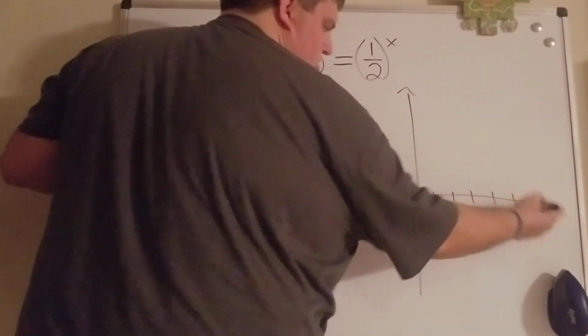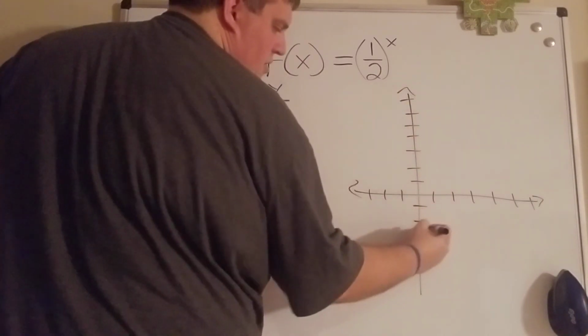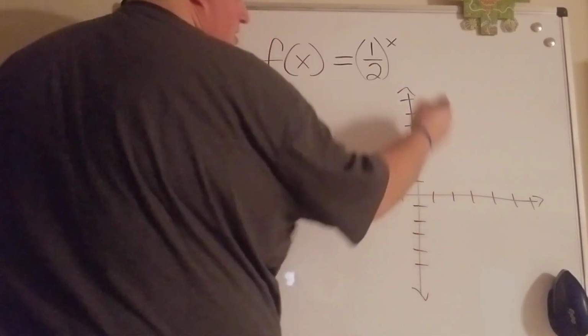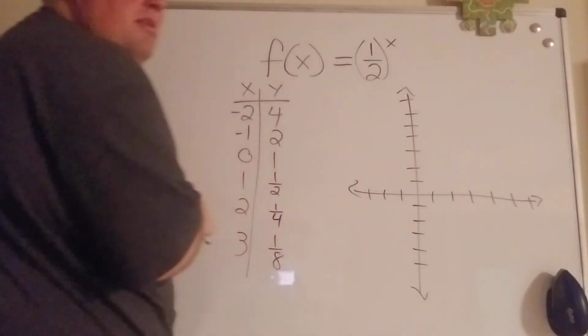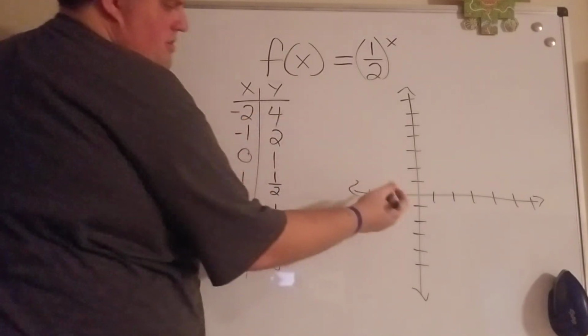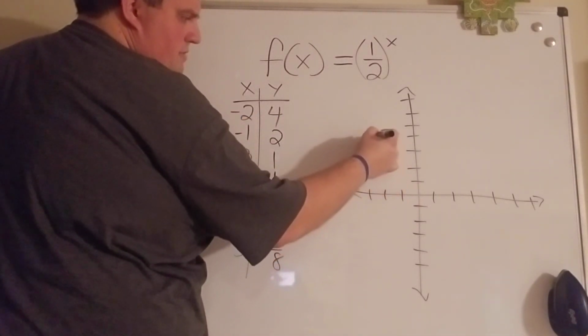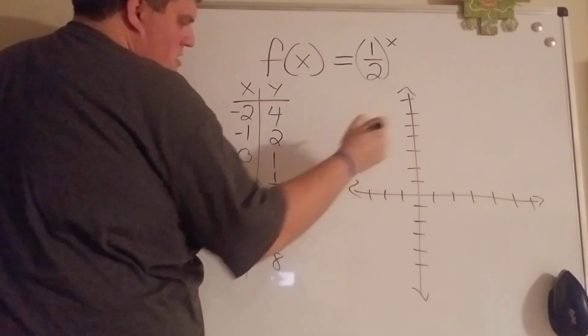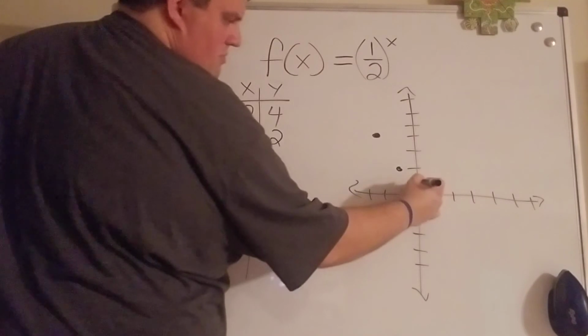So real quick here, just to show you what decay is going to look like, we're still going to have that horizontal asymptote. All right. So -2, 1, 2, 3, 4. -1, 0, 1.